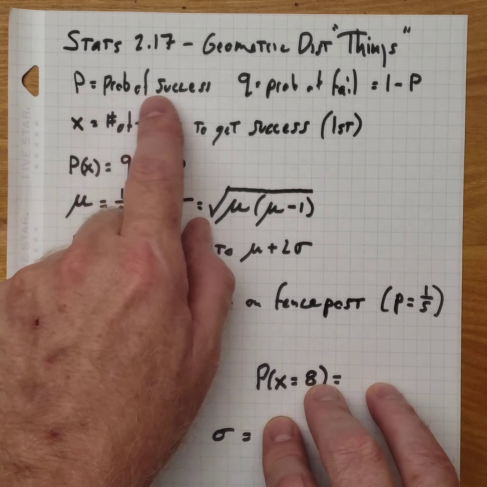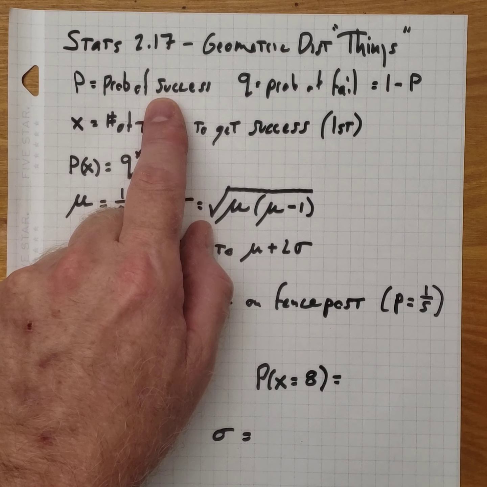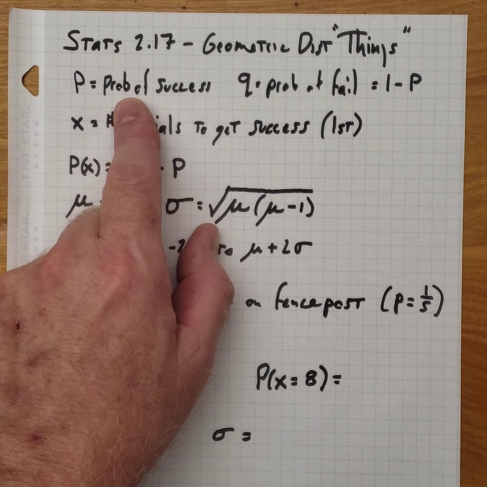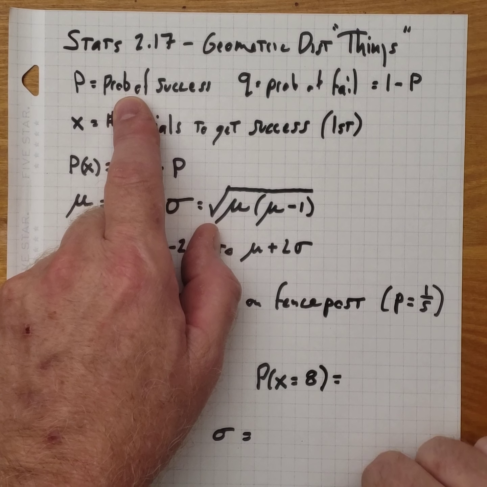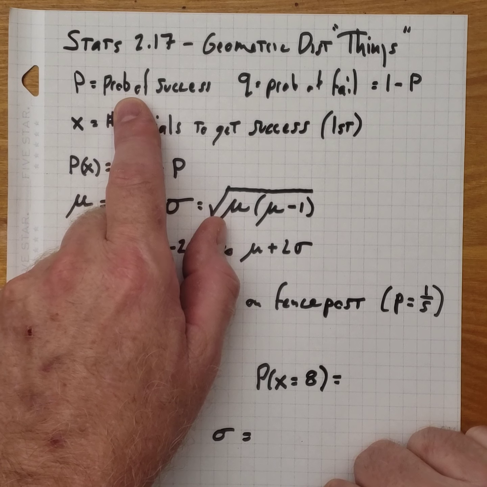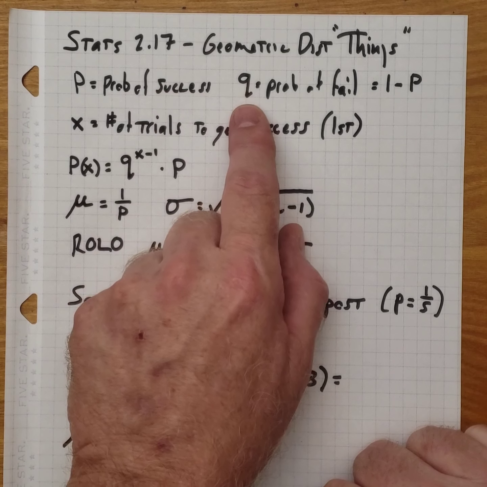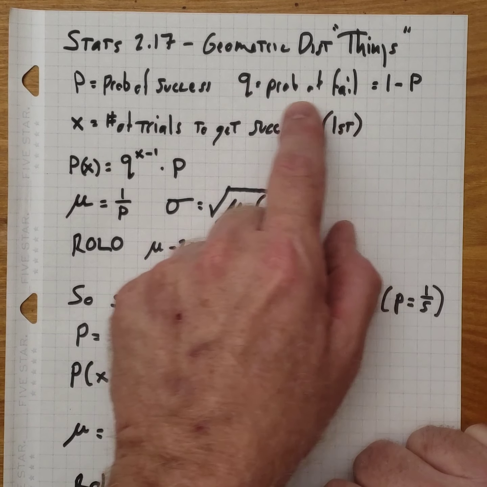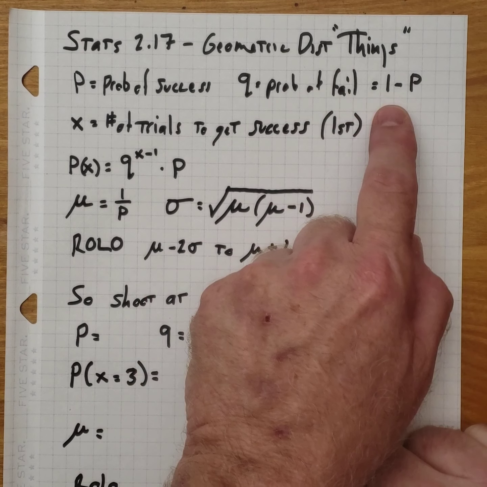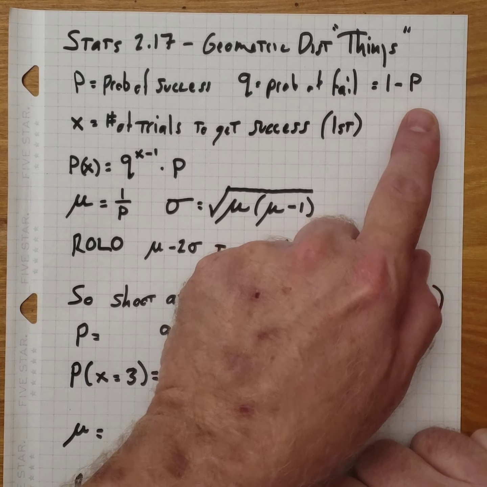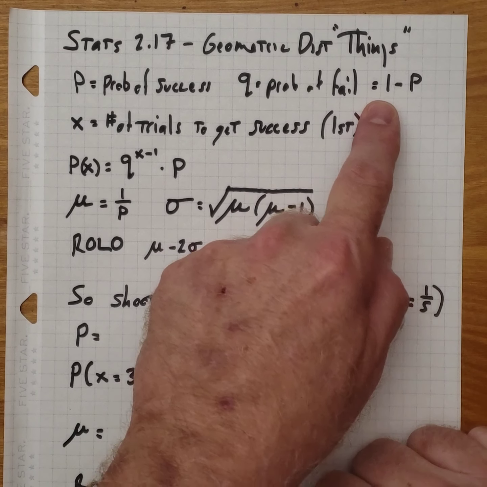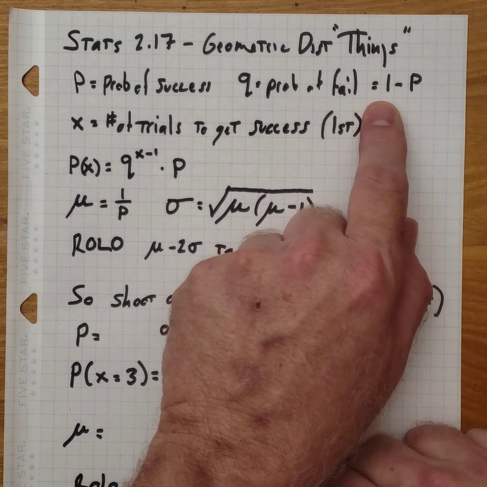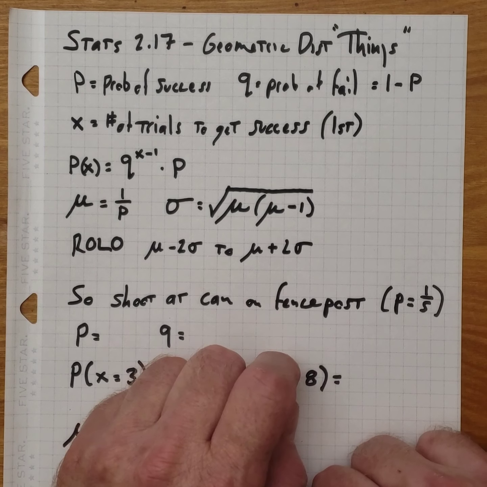So each time you flip a coin, the probability of heads, or each time you roll a die, the probability of 6, or each time you try to shoot a free throw in basketball, maybe your probability of success is about a 0.3. Q on each trial is the probability of failure, which is always just 1 minus p, right? So if p is 1 in 6, then q is 1 minus that, which would be 5 in 6, like we did when we looked at dice last time.